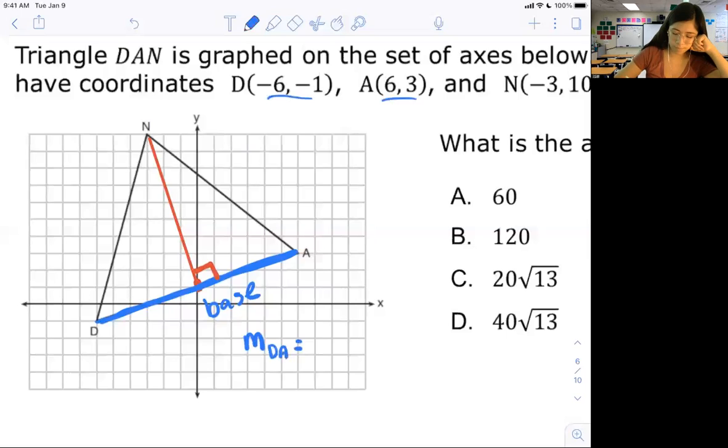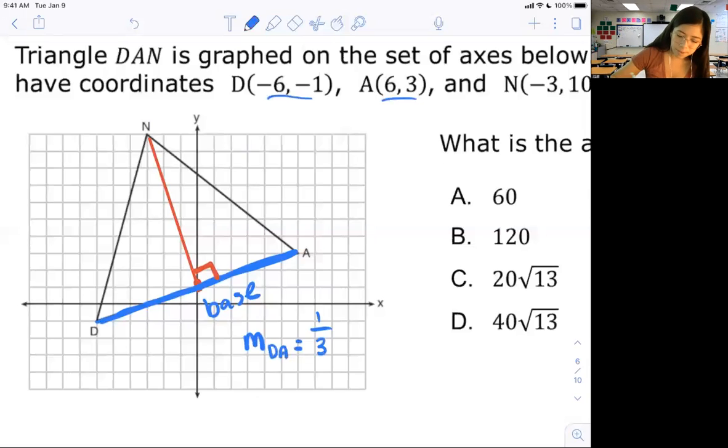It's not 3 over 1, I think you have it upside down. It's 1 over 3.